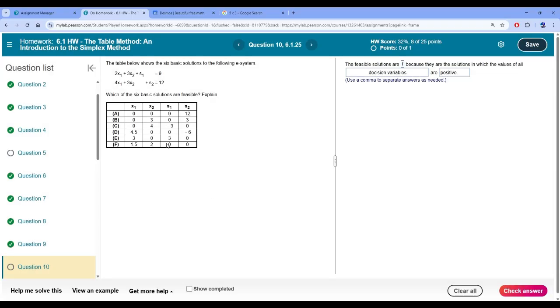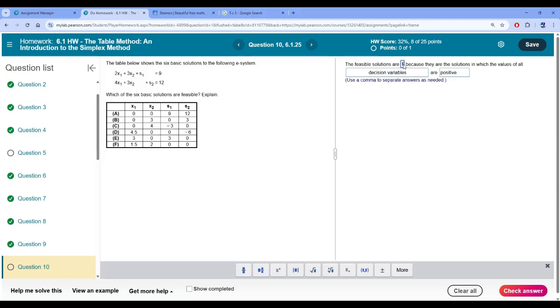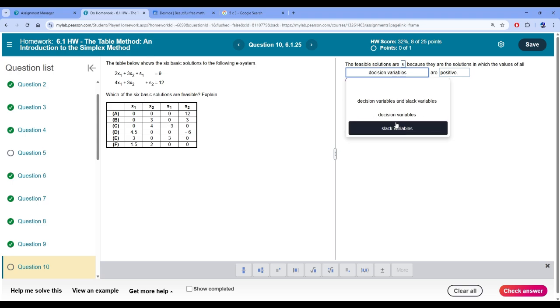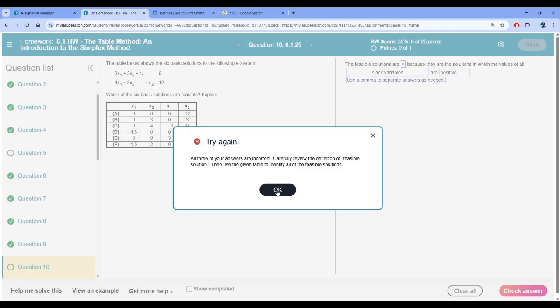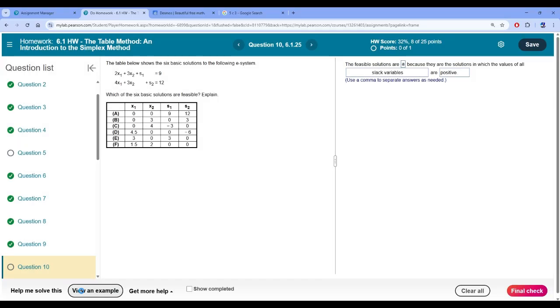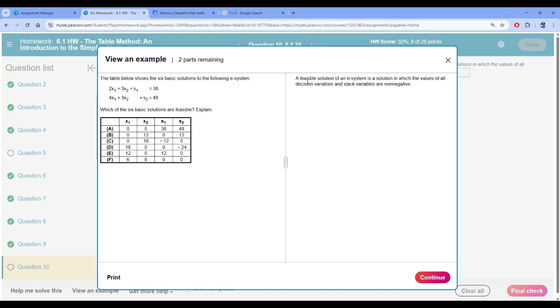So it wasn't this one. So is it A, because the slack variables are positive? No. What's a feasible answer? View an example. A feasible solution of a system is a solution in which all the decision variables and slack variables are non-negative.